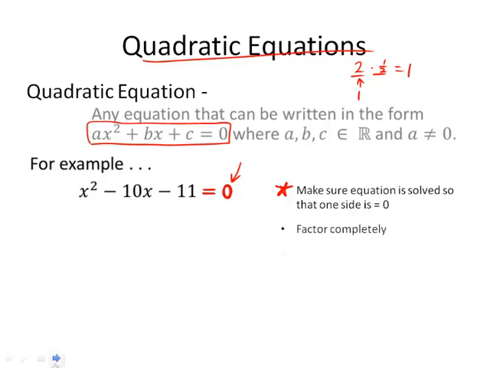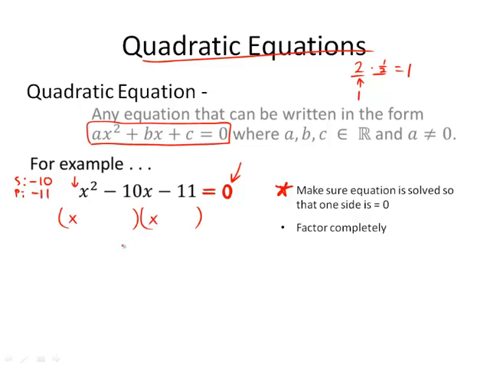The next step is to factor the one side completely. We have done this before. We've learned how to factor over the last few lessons. So let's take a look at how to factor this example. Here we have a leading coefficient of 1, meaning we can directly factor and find two numbers whose sum is -10 and whose product is -11.